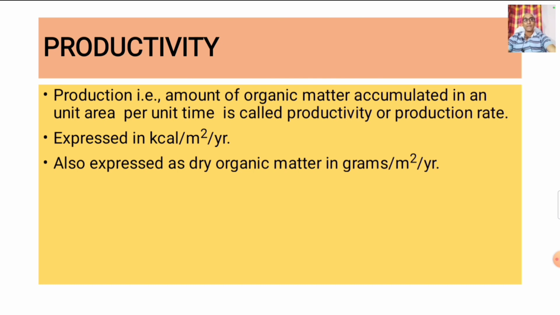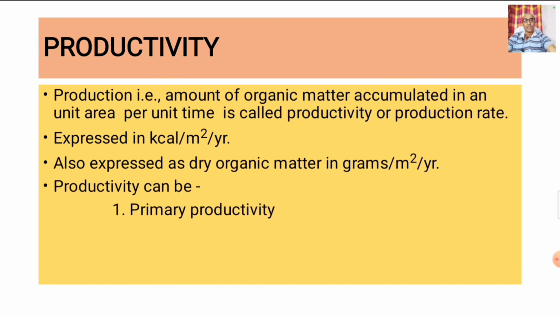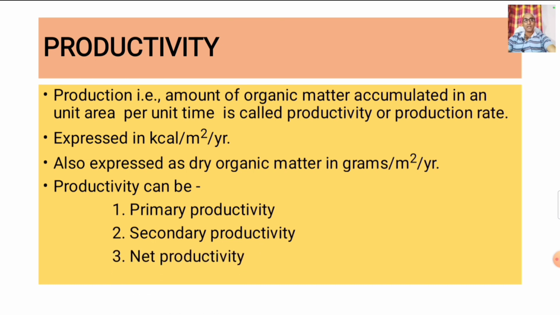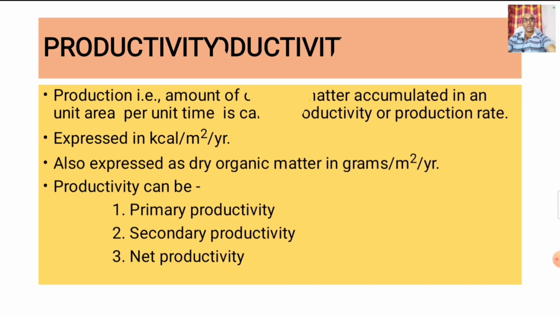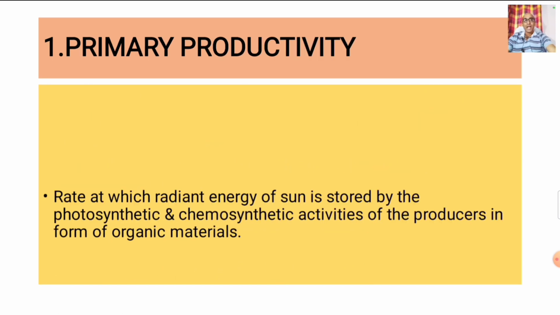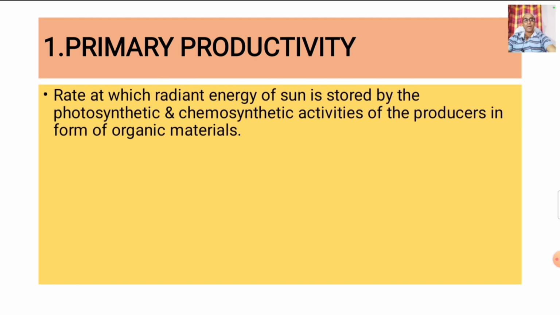Now how many types of productivity are there? There are three types of productivity. What are those? Primary productivity, secondary productivity and the net productivity. Got it? Let us come to primary productivity. Primary productivity is the amount of production at the producer level.